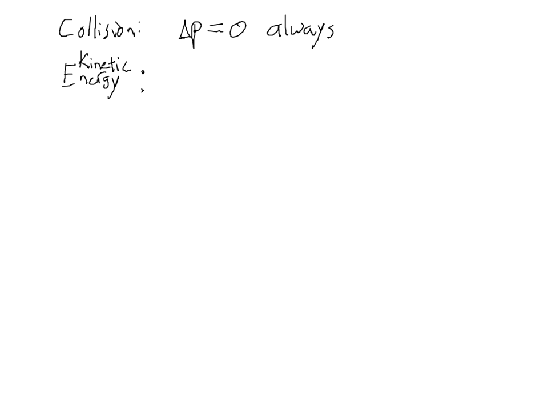If kinetic energy is conserved in a collision, then we say that that collision is elastic. It's what we call an elastic collision. Elastic collision and kinetic energy being conserved are synonyms to a physicist. So if you see either one of those terms, they mean the same thing.